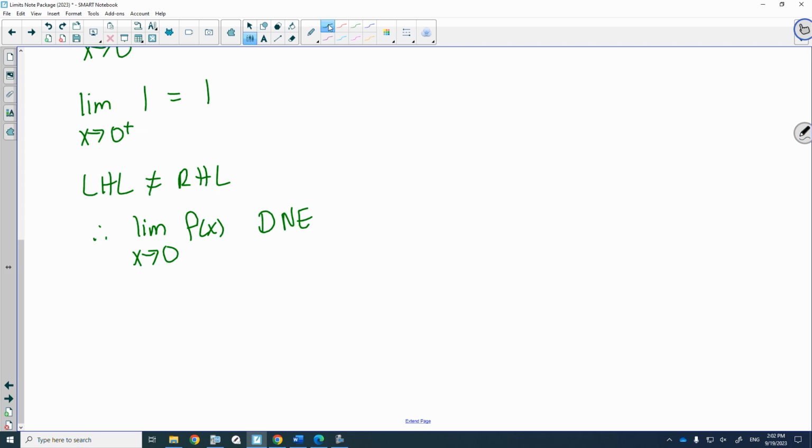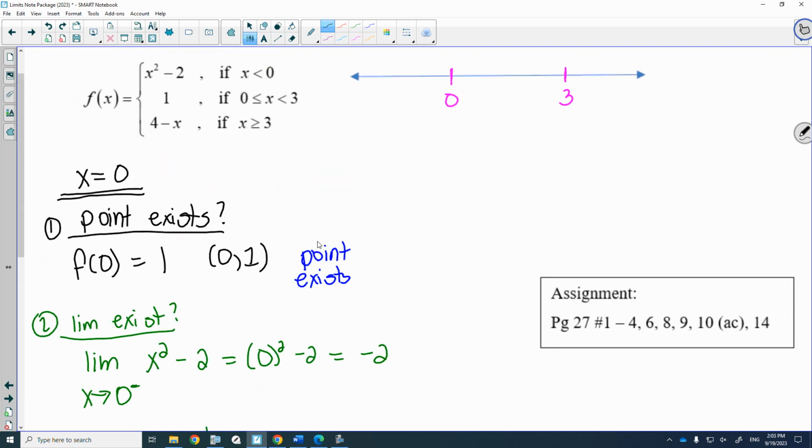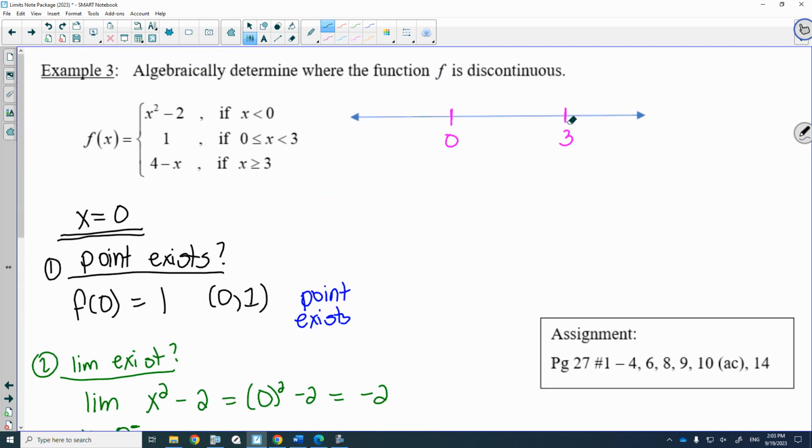And I get to say my function, this graph, is discontinuous at x is equal to 0. So if we graphed it, we won't graph it, but there's probably like a jump discontinuity or something happening. Okay, now we have to check 3.